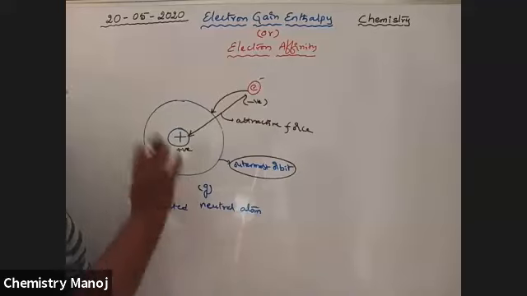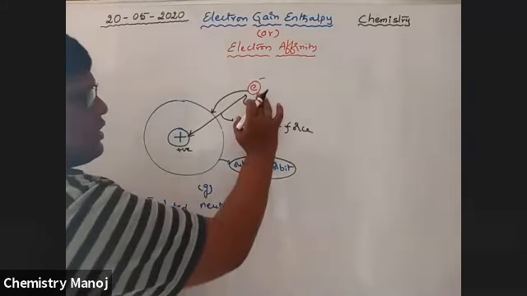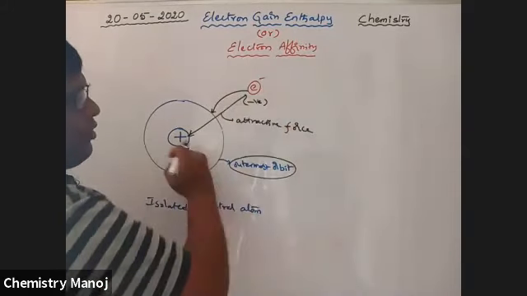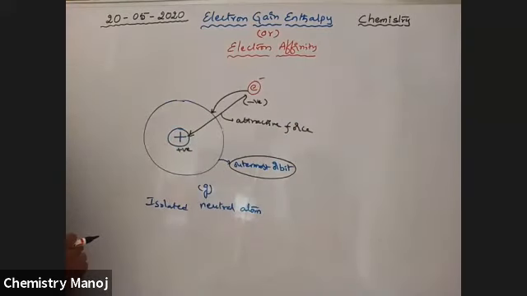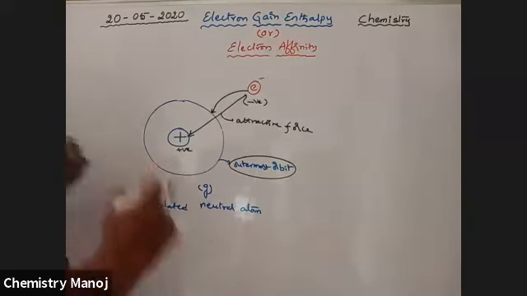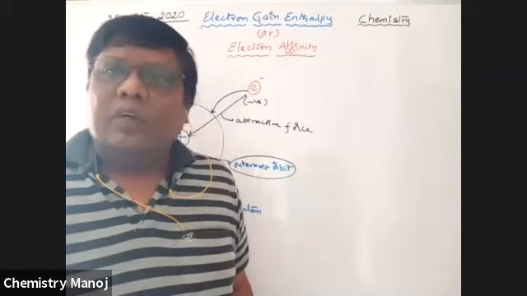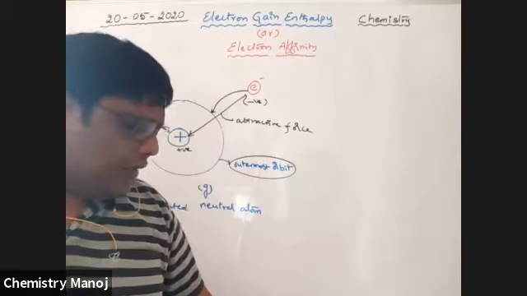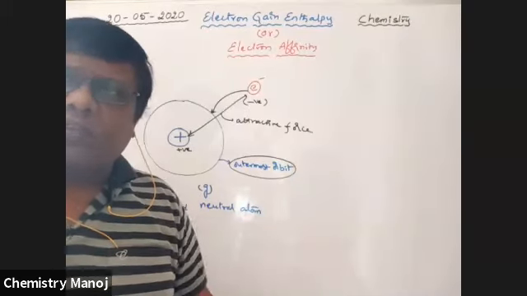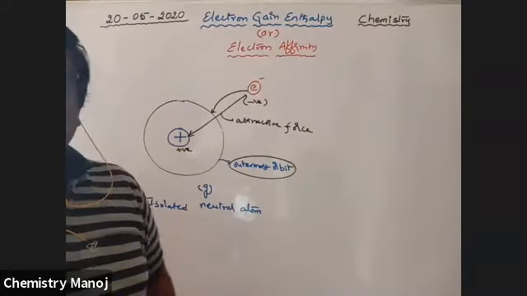It is only due to the attractive force existing between the incoming electron and the nucleus of that atom. The addition of that electron into the valency orbit of an element is called electron affinity.